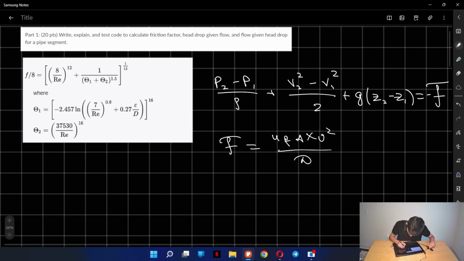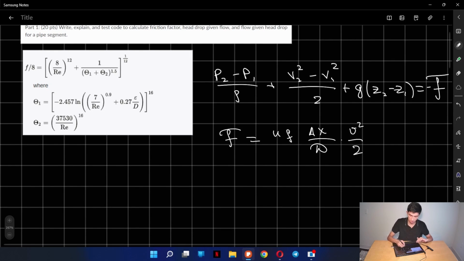No, it was 4 times the Fanning friction factor times the length of the pipe over the diameter times the velocity squared over 2. That was our frictional heating equation.